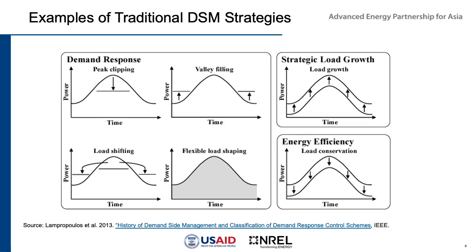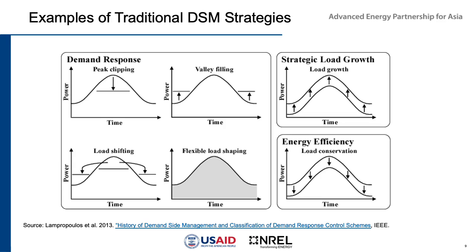Another example is strategic load growth. And we see this very prominently today in the United States, where utilities are promoting the use of electric vehicles because they see it as a new source of revenue growth. When more and more people will be charging their vehicles and consuming power when they would have otherwise consumed a petroleum product.